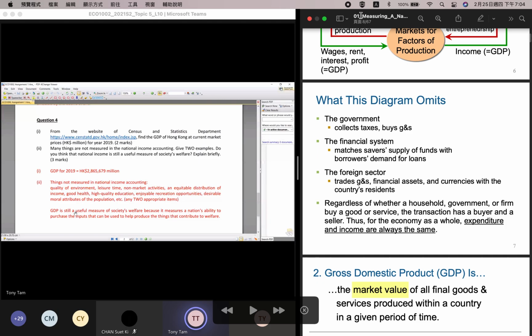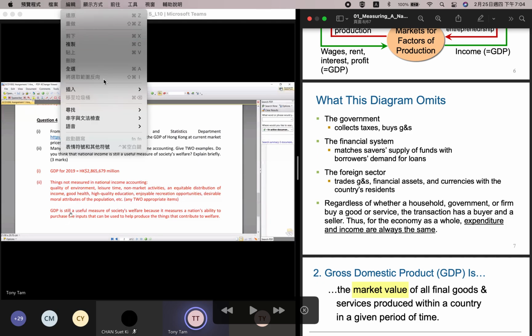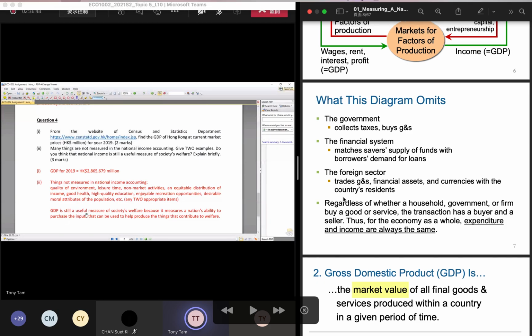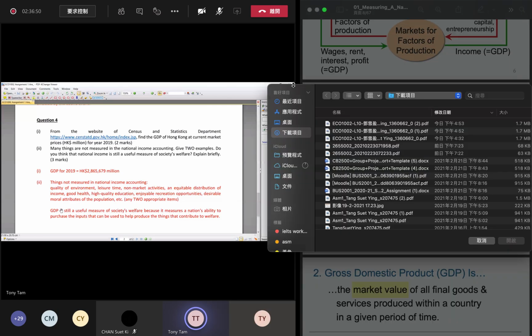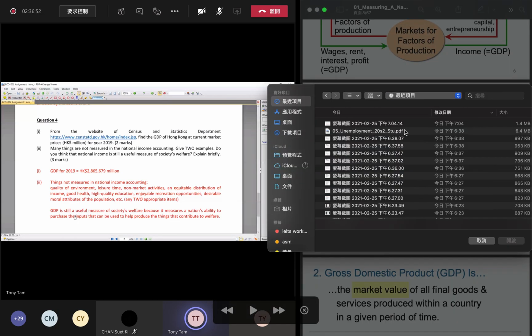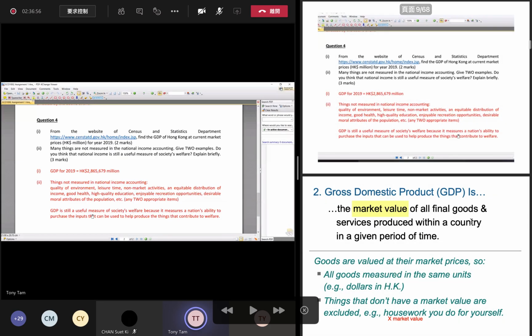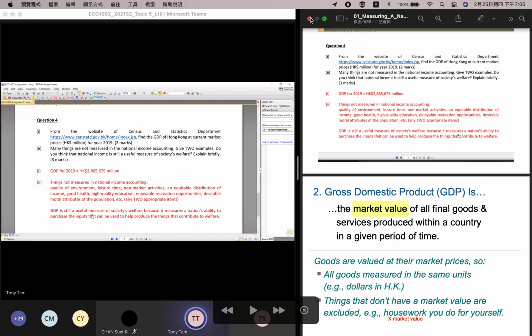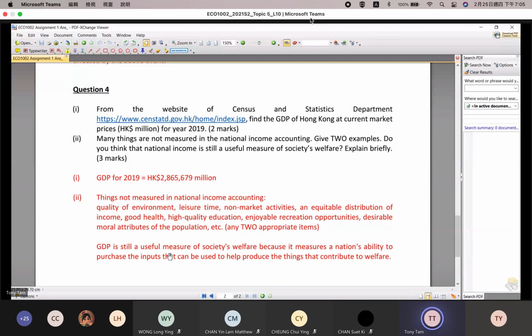Note that we only say GDP is so far the best indicator, so far the best measurement, but it is not perfect. It is the best single measurement so far.